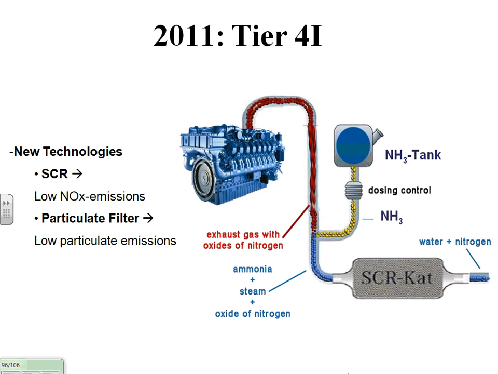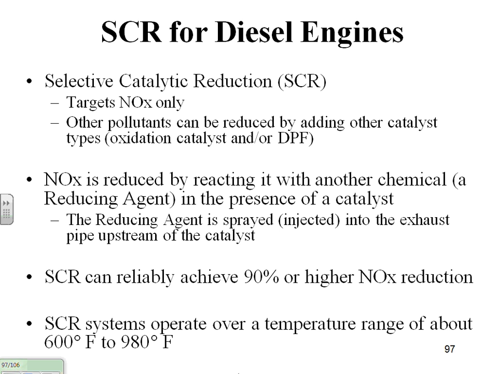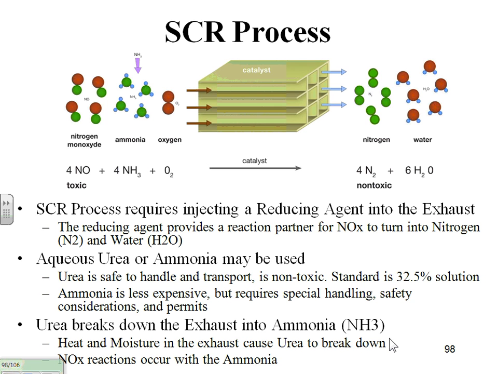This is an oxidation catalyst. With SCR, we're going to reduce particulate matter as well as oxidize and get the CO down through an oxidation catalyst. And it's going to bring emission levels down probably about 99%.